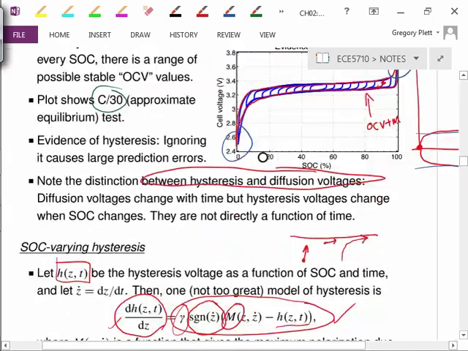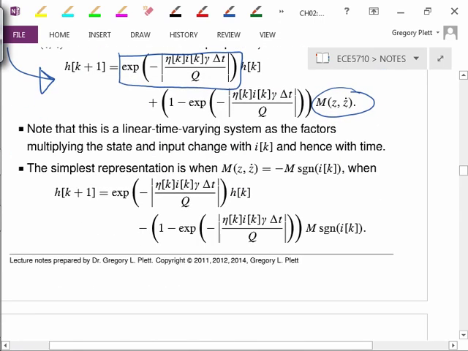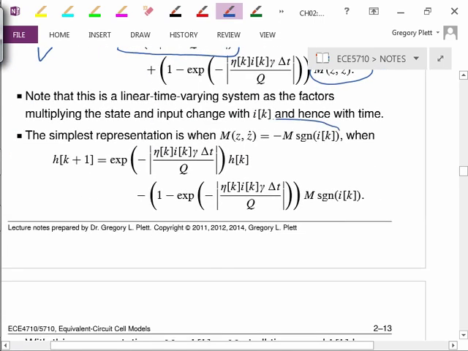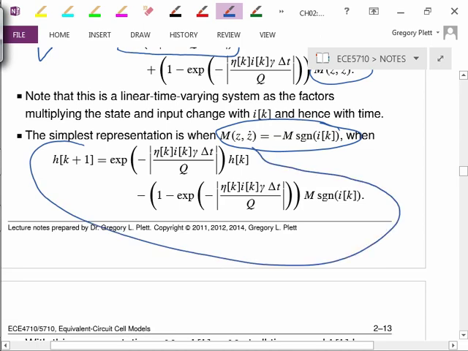So that is the motivation for saying perhaps this is an okay outer loop. There's some evidence that the outer loop changes depending on the magnitude of current, and that is not captured by this model, so that's a limitation. But this is the model I end up using for this dynamic hysteresis.